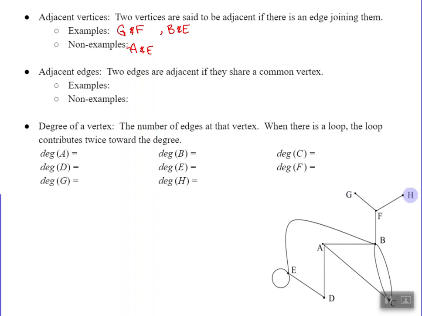So GF and HF are adjacent edges because they share the vertex F. AB and AC are adjacent edges because they share the vertex A. However, ED and AB are not adjacent edges because they do not share a vertex.